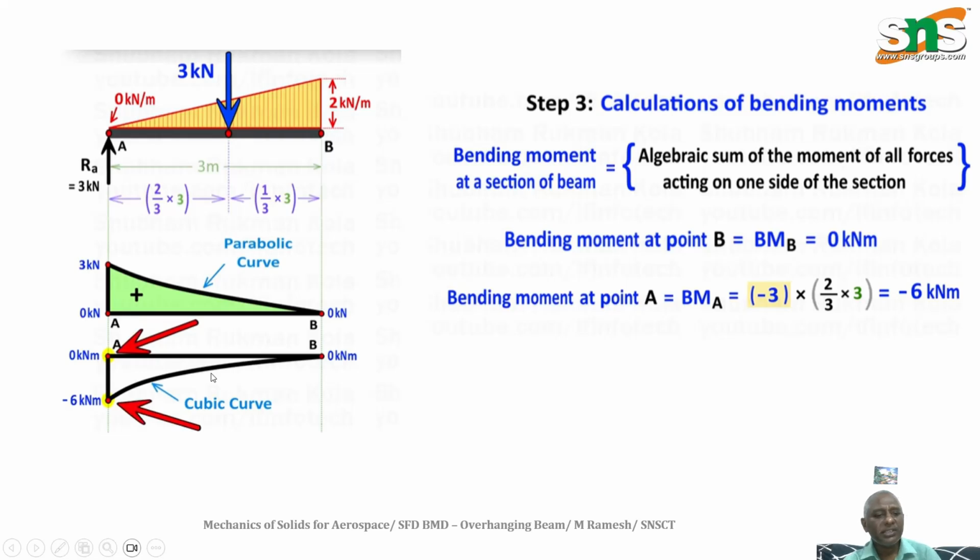That means x cube plus 2x squared something, that kind of equation it will obey. So this is about the bending moment diagram for the given cantilever beam. Sorry, for the overhanging beam with the uniformly distributed load. We will see in the next class a different type of beam to find the shear force and bending moment diagram.